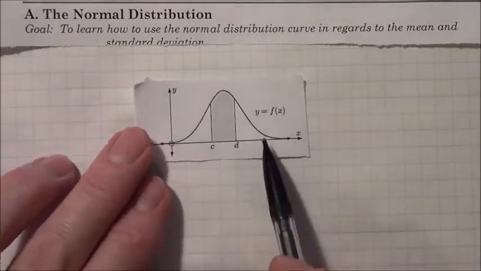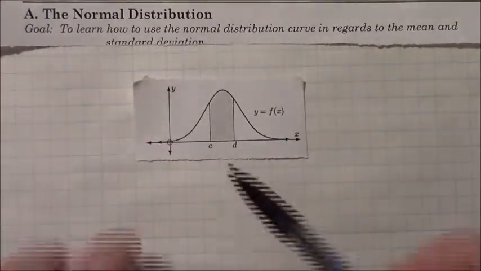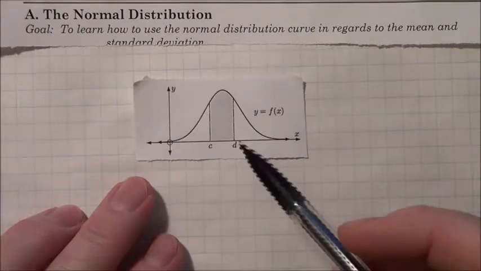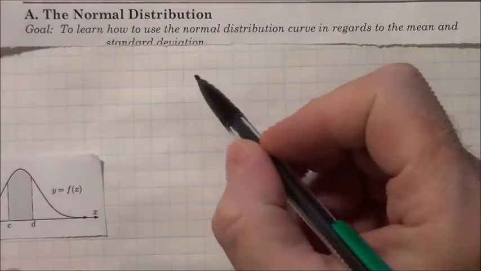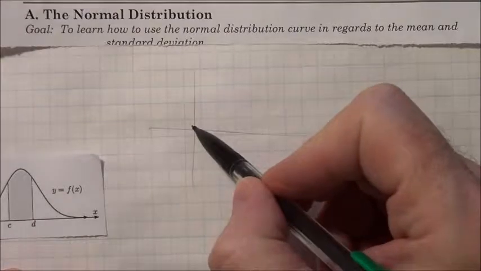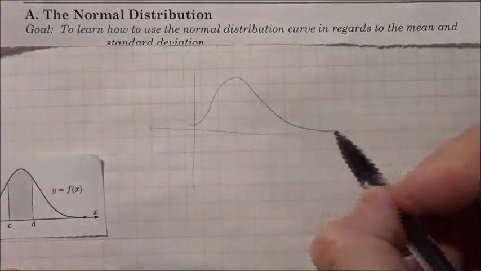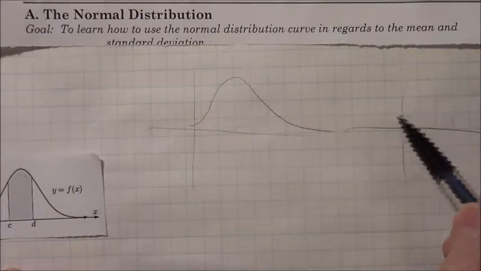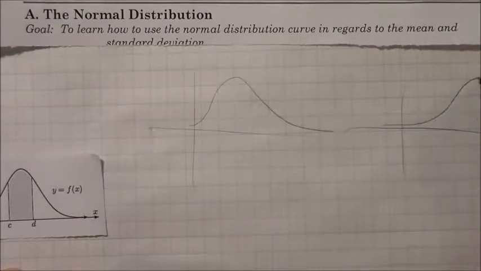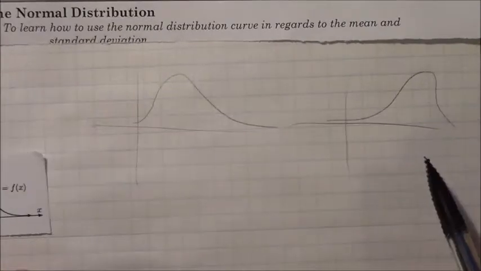So when we talk about different probabilities of certain things, sometimes they can be skewed right or skewed left, something along that line.